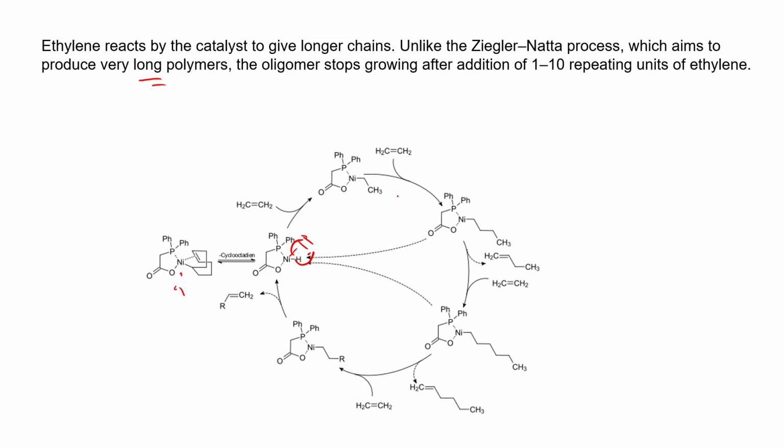Again the same thing repeats this way, with a beta-hydride elimination, and that can release this particular thing, or another unit can add this way, and in that way the chain can grow.